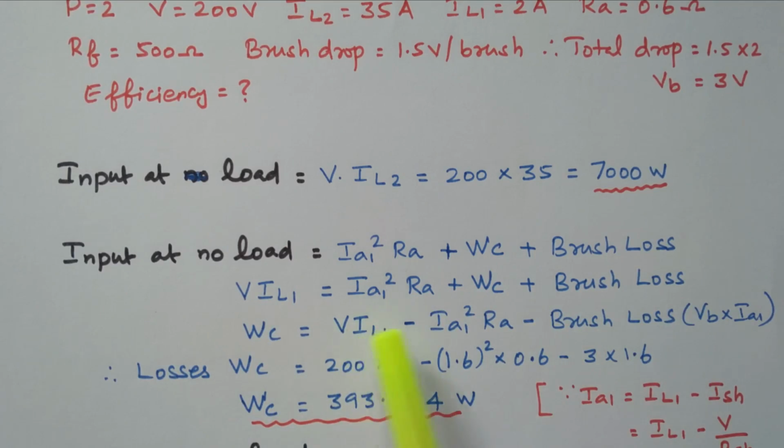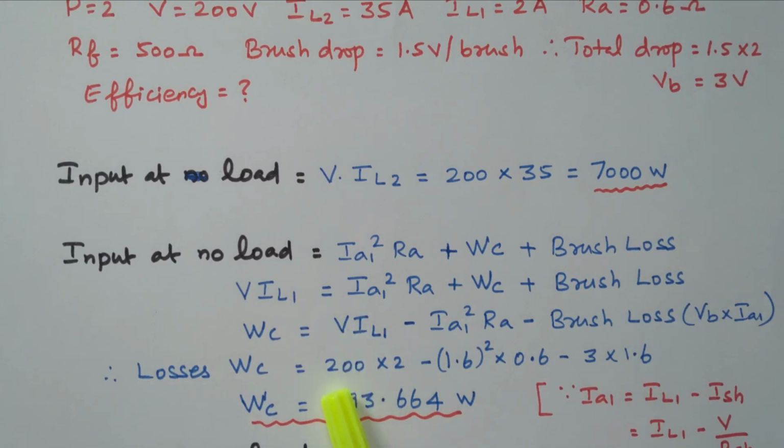Here all the values are available, only the constant loss is not given. So we will rearrange the equation. Bringing all the terms to the left hand side, the constant loss equals V into IL1 minus IA1 square into RA minus the brush loss. Brush loss is VB into IA1, the voltage across the brush into IA1. Now all the values are available, so we can easily find the constant loss.